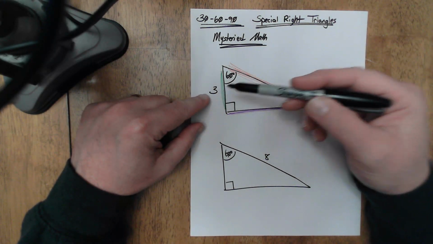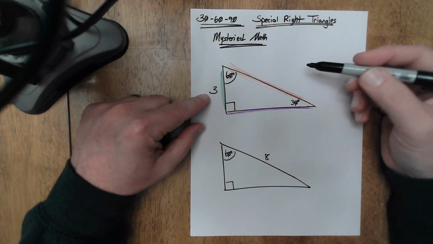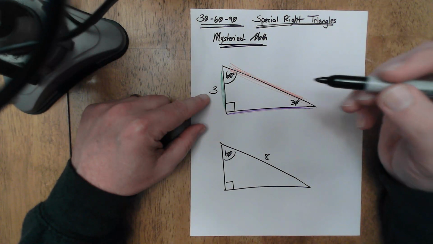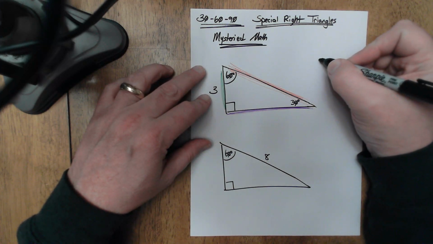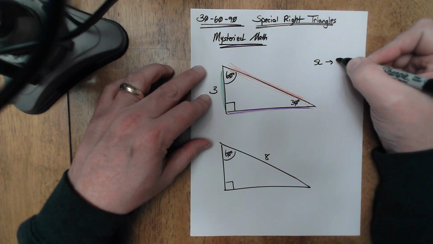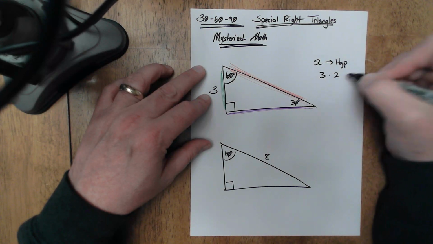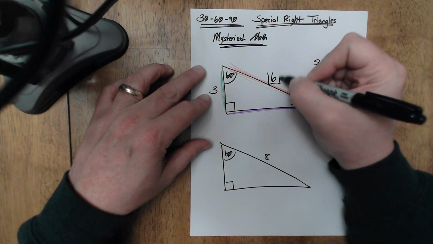Let's start with this one, and let me show you the process. If I know the short leg, jump for joy, because that's usually the easiest one to work from. Right off the bat, the hypotenuse is always twice the length of the short leg. From short leg to hypotenuse, you take the short leg value, 3, and multiply times 2. That equals 6. Pretty complicated, right?